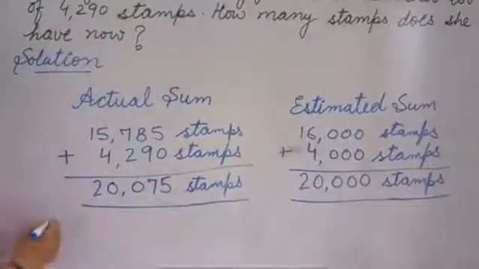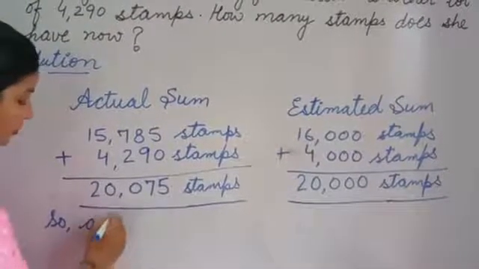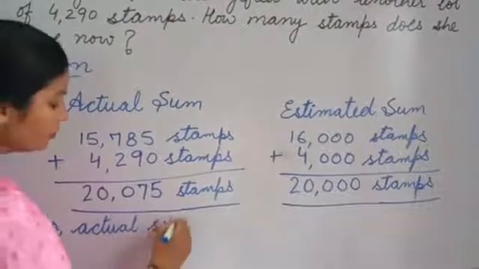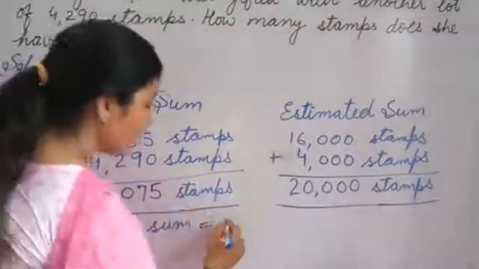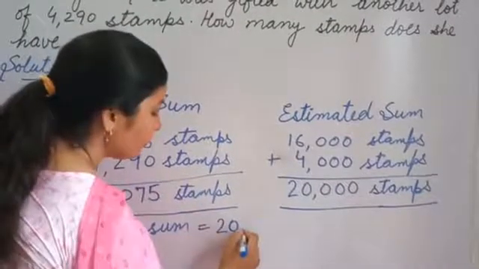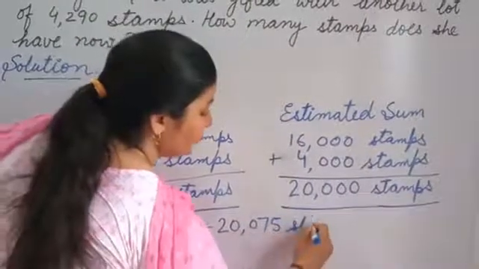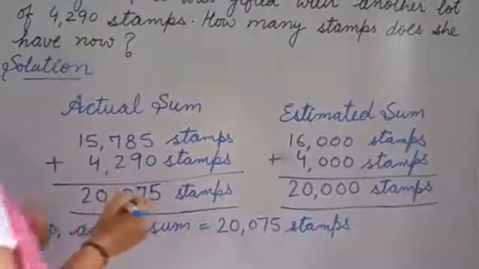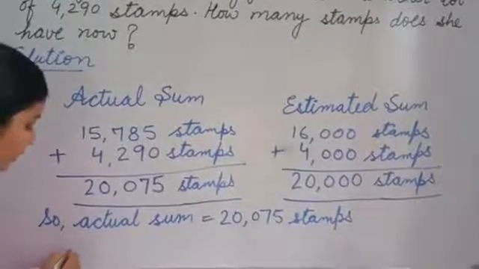Now here we write actual and estimated. So actual sum is equals to how much? 20,075 stamps. And now we have to find estimated. Right here estimated.